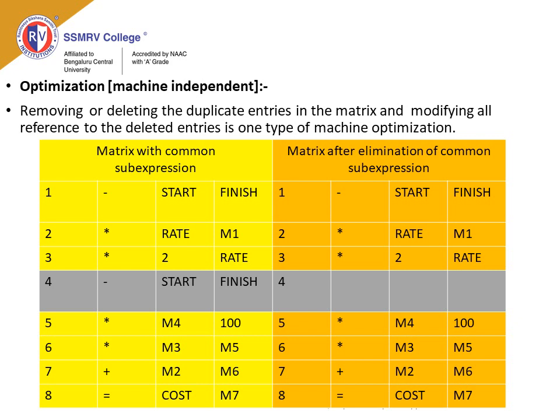When a sub-expression like start minus finish occurs in the same statement more than once, here 2 times, the duplicate entries can be deleted in the matrix and modified as shown in the matrix after elimination of common sub-expression table.